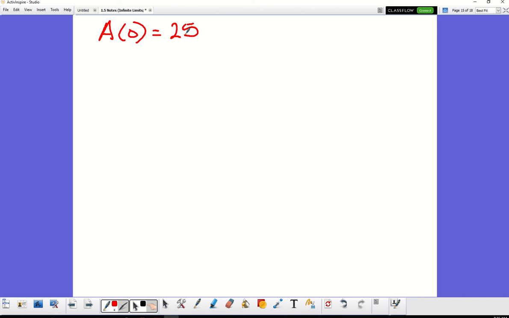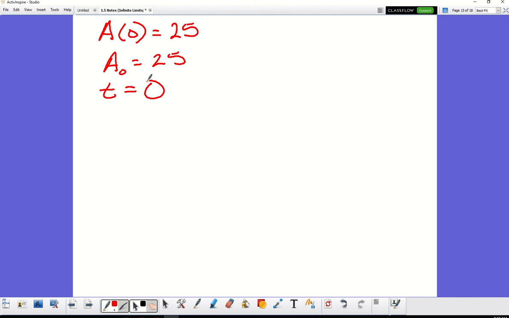And so A of 0, what does that actually say? A sub naught is 25, and T is time, which is 0. It's the initial amount, because you guys have to have these numbers for this.